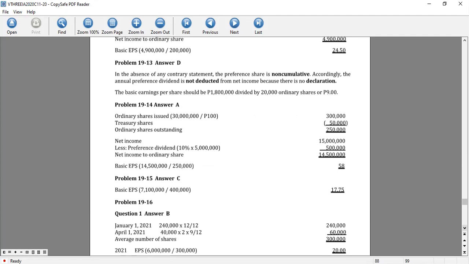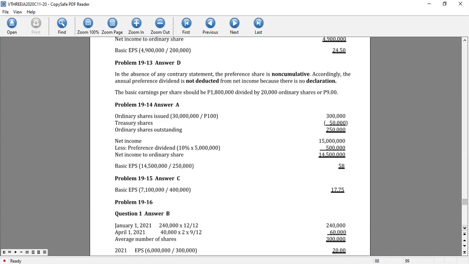What amount should be reported as basic EPS for 2021 in the 2021 comparative income statement? The company had one class of share capital outstanding and no other securities that are potentially convertible into ordinary shares. During 2020, 120,000 shares were outstanding.